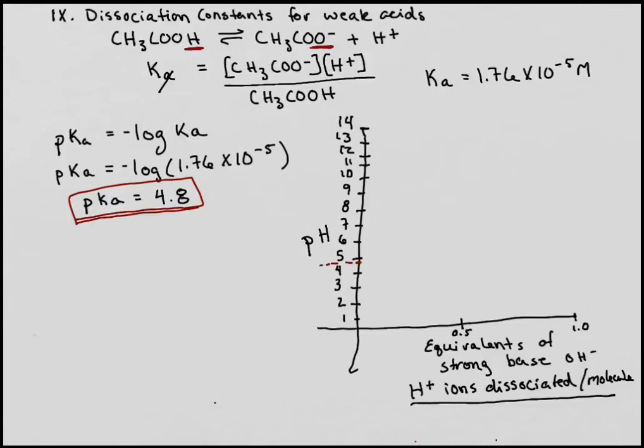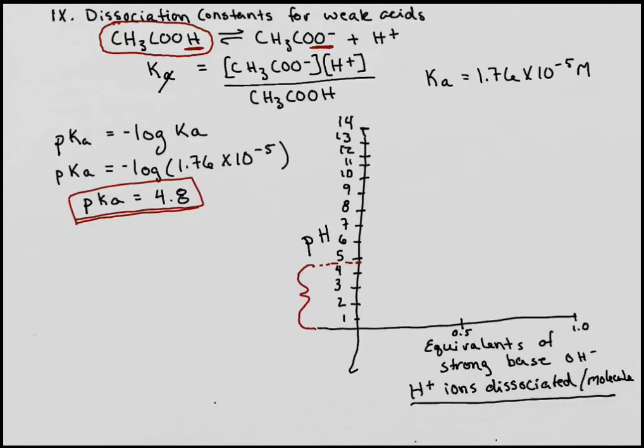then below pHs of 4.8 here, the protonated species CH3COOH will predominate. And we can draw this in the form of a curve.